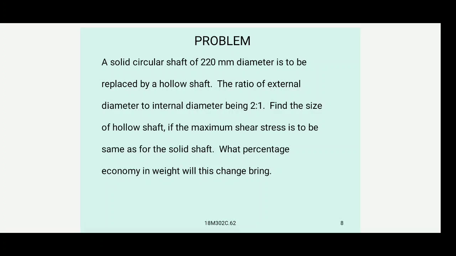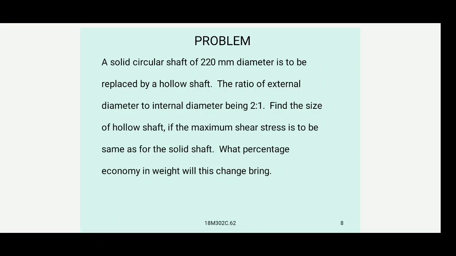Another problem. A solid circular shaft of 220 mm diameter is to be replaced by a hollow shaft.